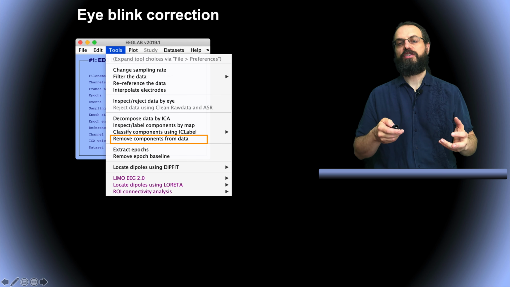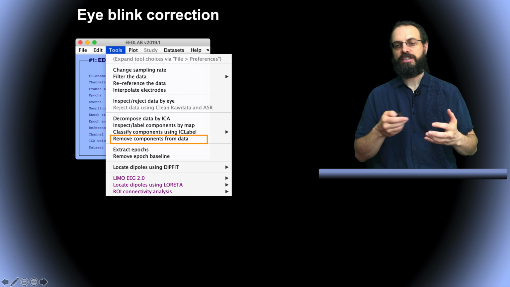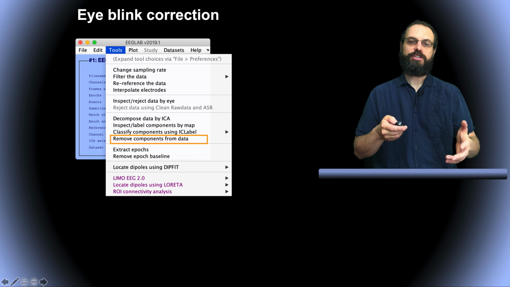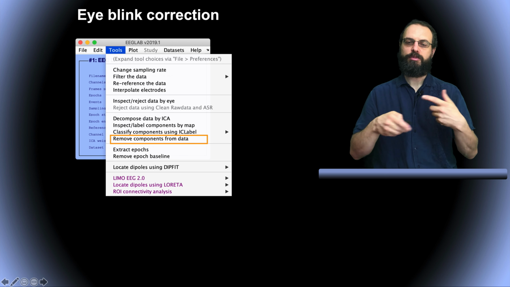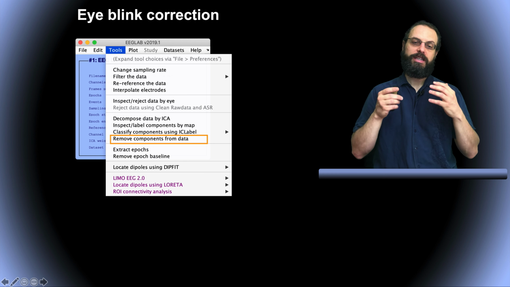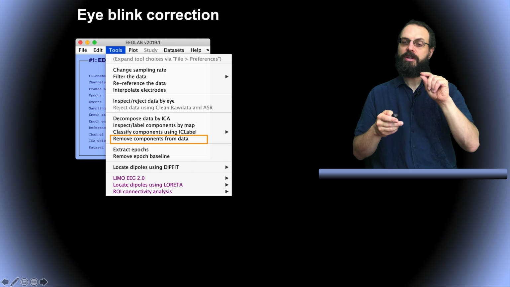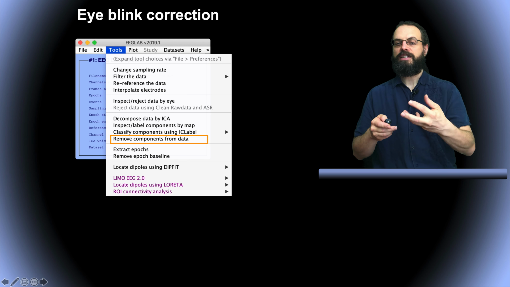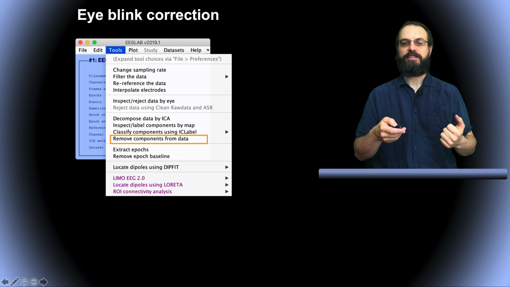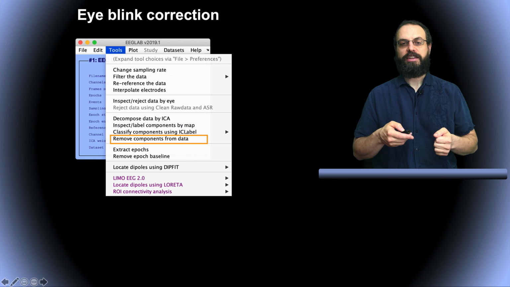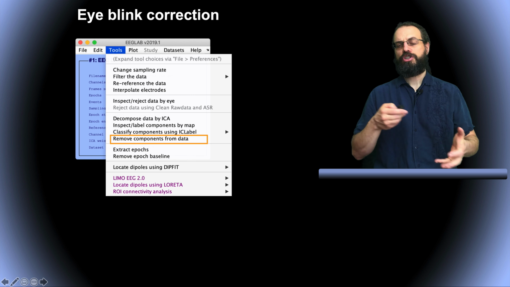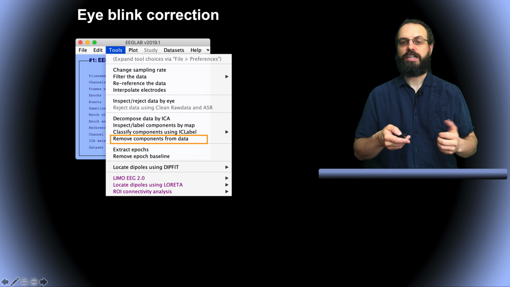You would only do this if you're not going to do group analysis, because when you do group analysis, there's also a method that would automatically remove these components. So it's actually better to just label them and then go to group analysis, study level analysis, if you're going to do group analysis.